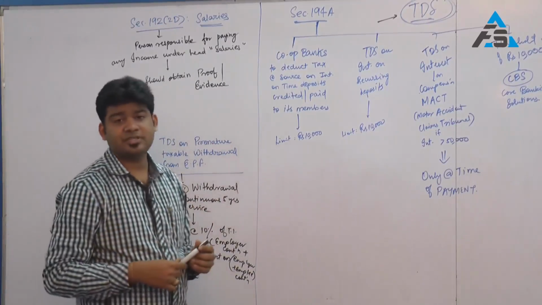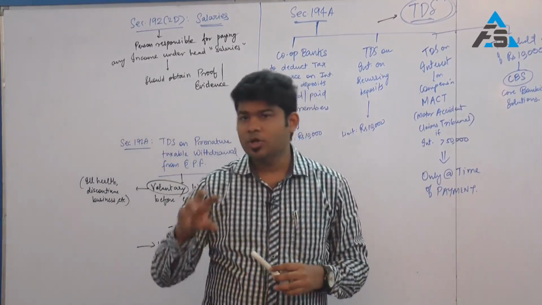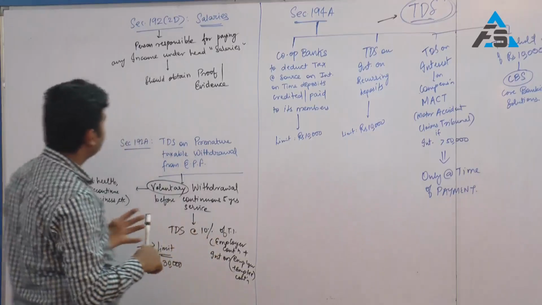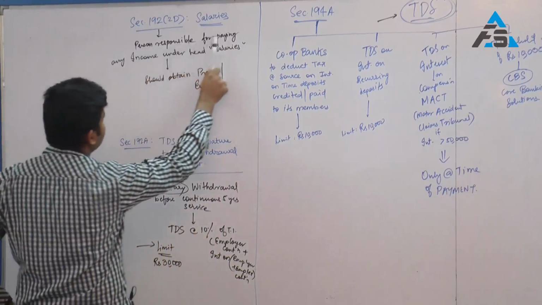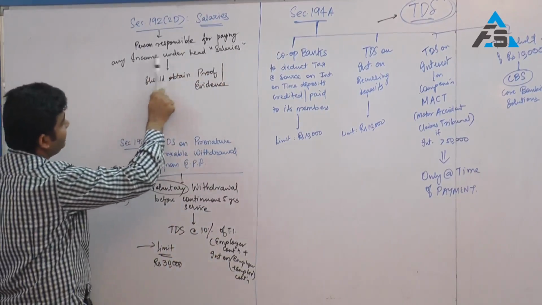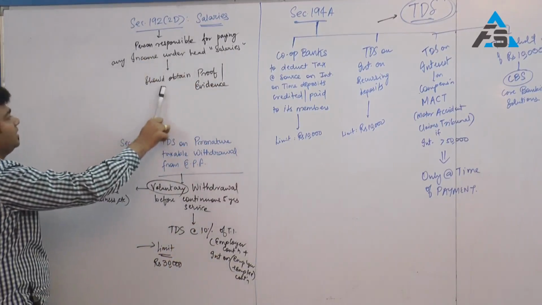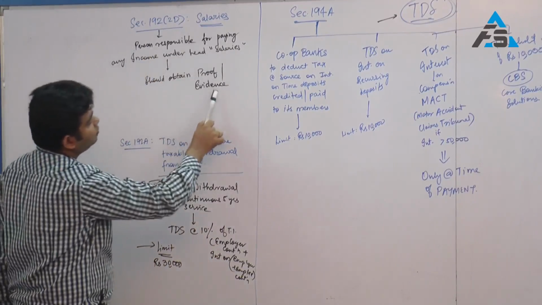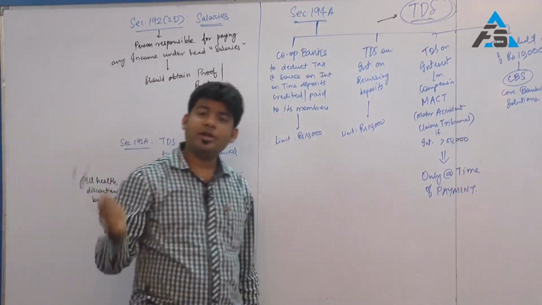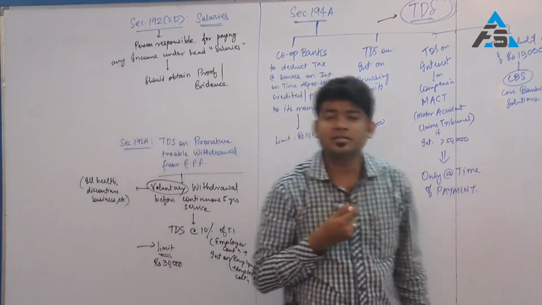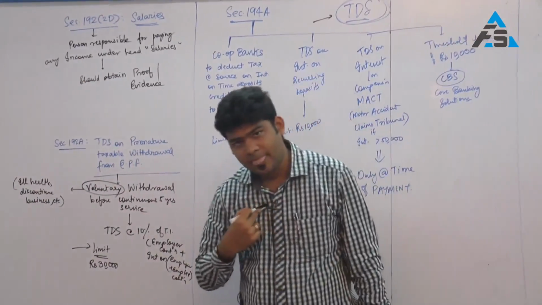Whether you invested in section 80C, what is the amount, all of that. So the person responsible for paying any income under the head salaries is now responsible to obtain the proof or evidence for any related deduction that the employee is going to take.